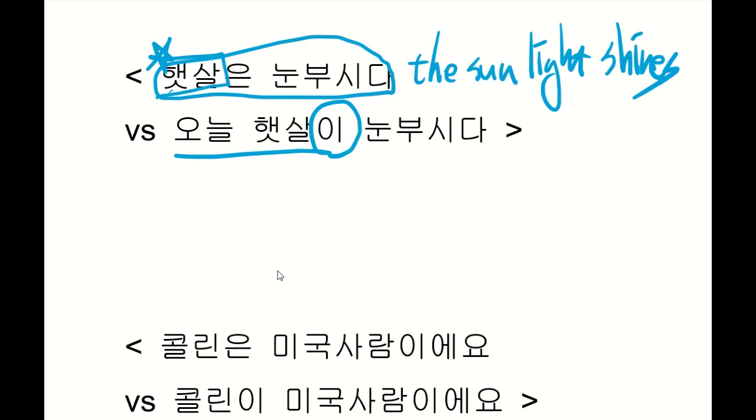There are other types of weather, like it's gloomy, it's raining, it's snowy, and then the sunlight is not really shining, right? But today there's no cloud and it's really sunny, so 햇살이 눈부시다. The sunlight is shining, particularly today. That's why we use 이가 again. Okay.